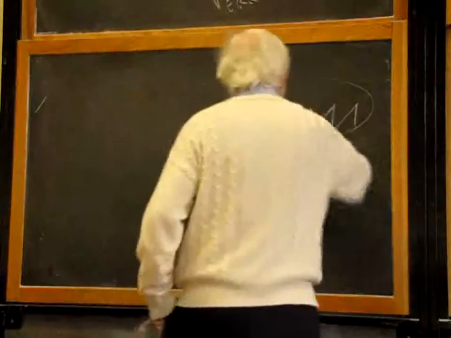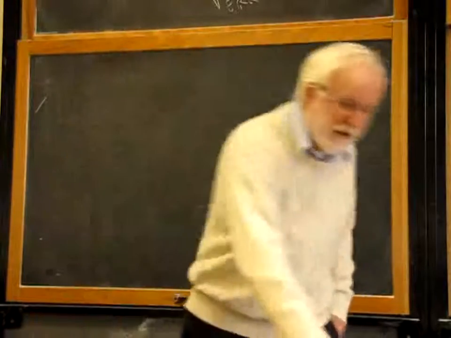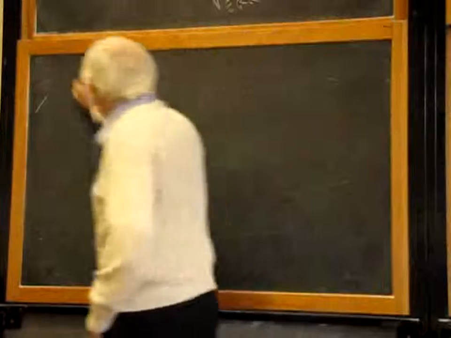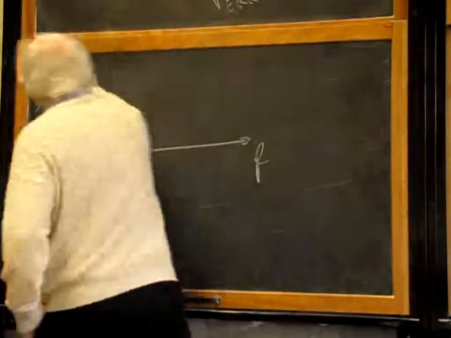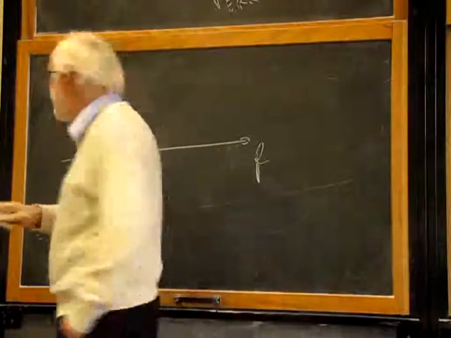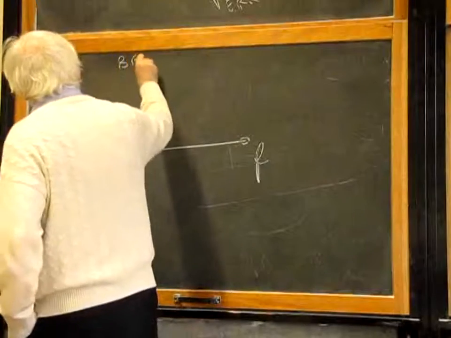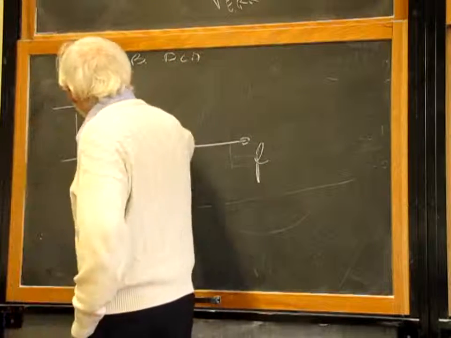So, when we draw the Bode diagram for a converter, let's consider, for example, a buck-boost converter in DCM, the shape is something like this.